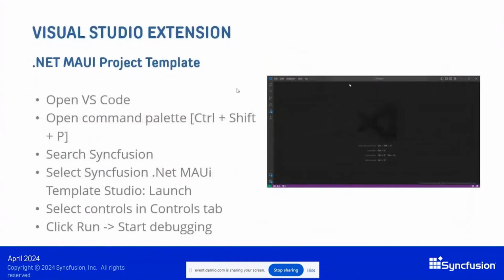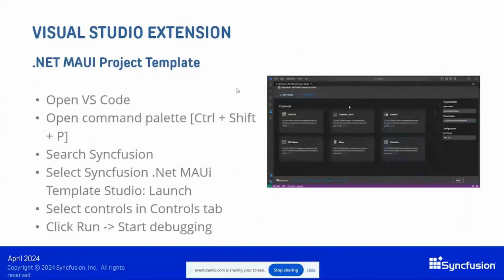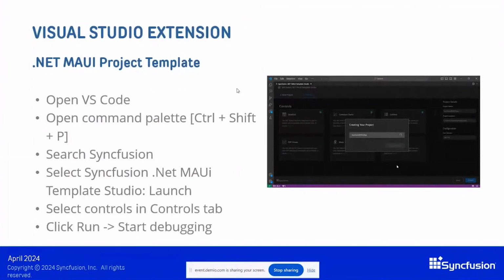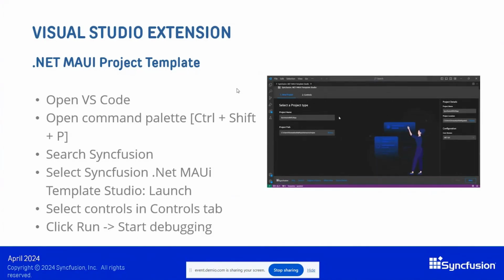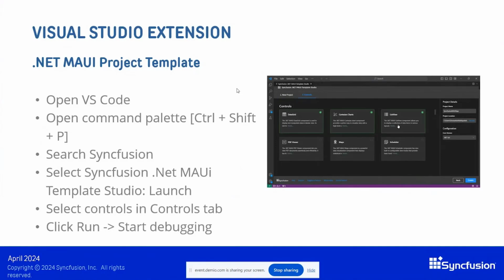We have provided a Visual Studio extension with a .NET MAUI project template. So in your Visual Studio Code, you can open the command palette using the shortcut key Ctrl+Shift+P, and search for Syncfusion, and you can select Syncfusion .NET MAUI Template Studio Launch. You'll have a list of controls.